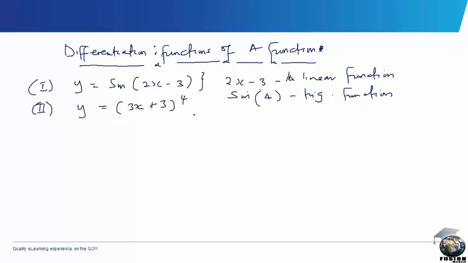And then in question number 2 you have 3x plus 3 inside the bracket, which is a linear function too, and then you have that raised to power 4. This is an index function.